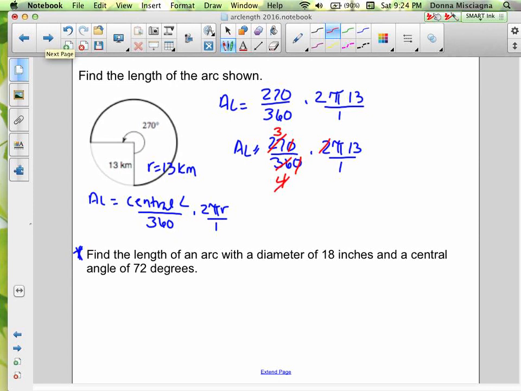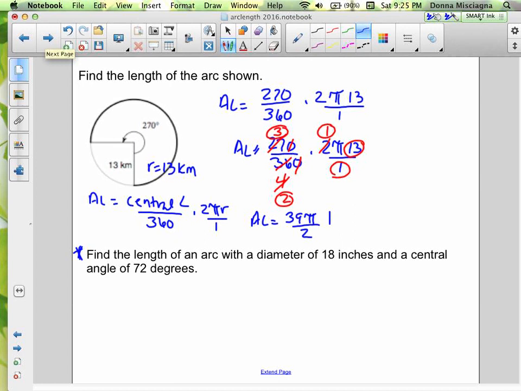4 and 2 both have a common factor. They're both divisible by 2. 2 divided by 2 is 1. 4 divided by 2 is 2. And now we can just multiply. We've got the 3, the 1, and the 13 in the numerator, and the 2, and of course the pi, and the 2 and the 1 in the denominator. So the arc length is equal to 3 times 1 times 13 would be 39 pi. And then in the denominator we have 2.